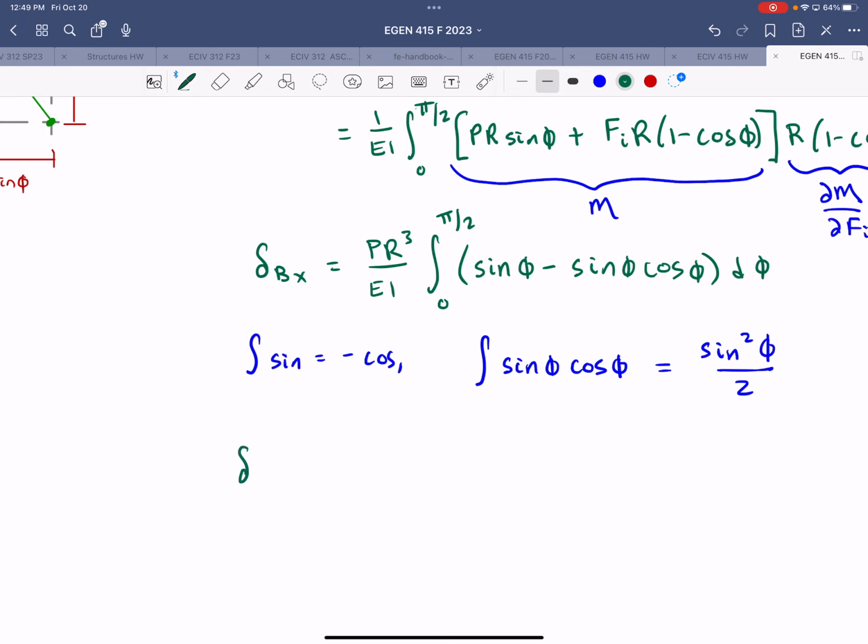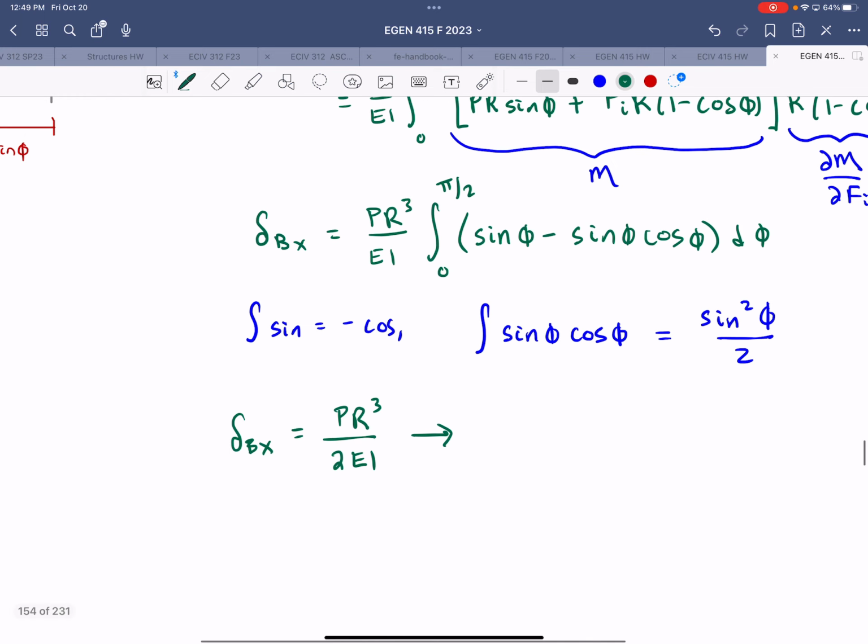So evaluating the integral with those trig identities, we get delta Bx is equal to PR cubed over 2EI. Since we got a positive result, it will be in the same direction as the applied fictitious force to the right.